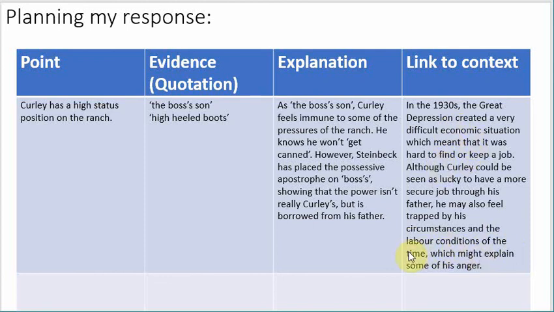There are bad labour conditions of the time, another very useful phrase, because it links you back to the historical context. And then this might explain some of his anger. Even though he's got this high status position, Curly is angry. This also then links me on so I can start to talk about Curly's anger. Perhaps in my next paragraph, I might discuss his relationship with his wife, or I might discuss the way that he treats Lenny. So it gives you somewhere to move to and to talk about.